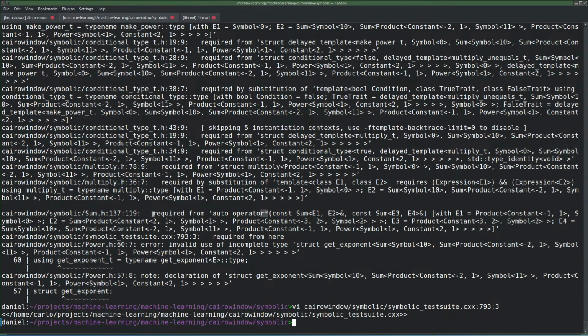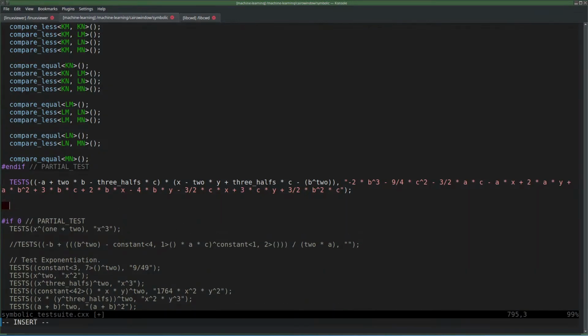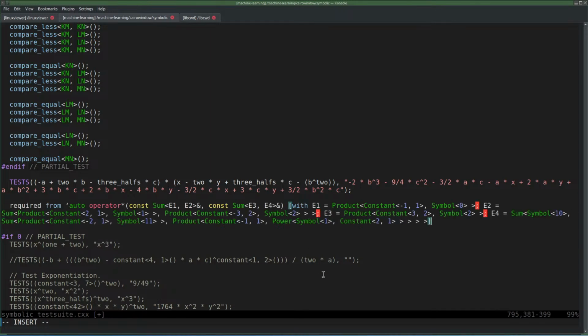Let's copy it all and look at the source code. Maybe we should use a different compiler, one that tells me which one it is.